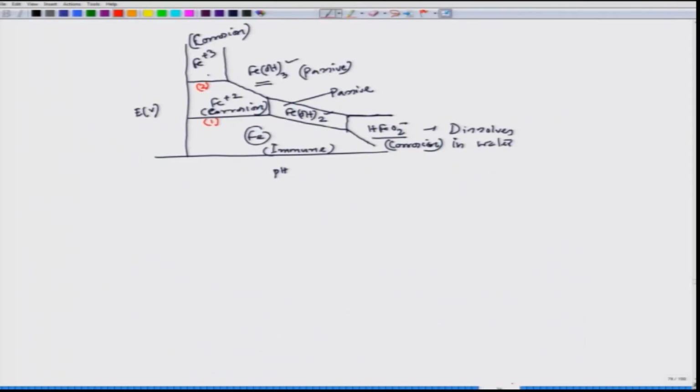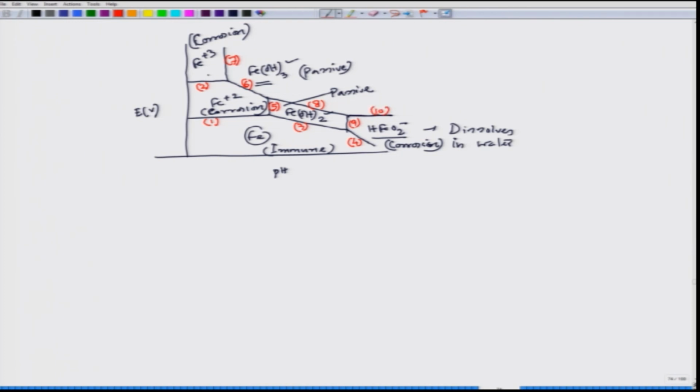So, this is 3. This is 4. This is 5. This is 6. This one is 7. This one is 8. This reaction is 9, and this one we can write as 10.